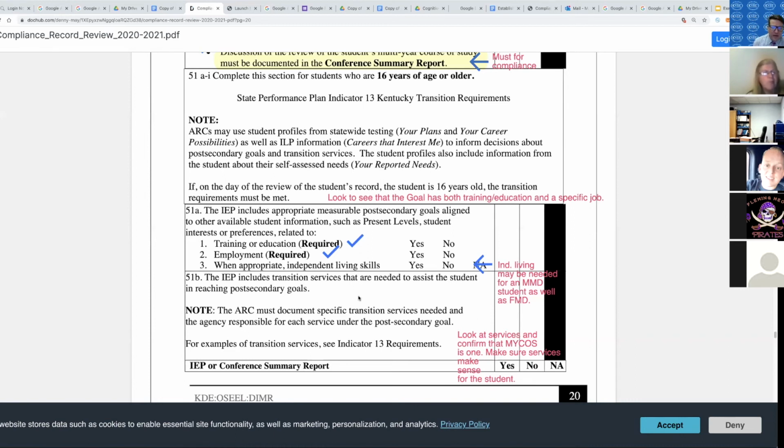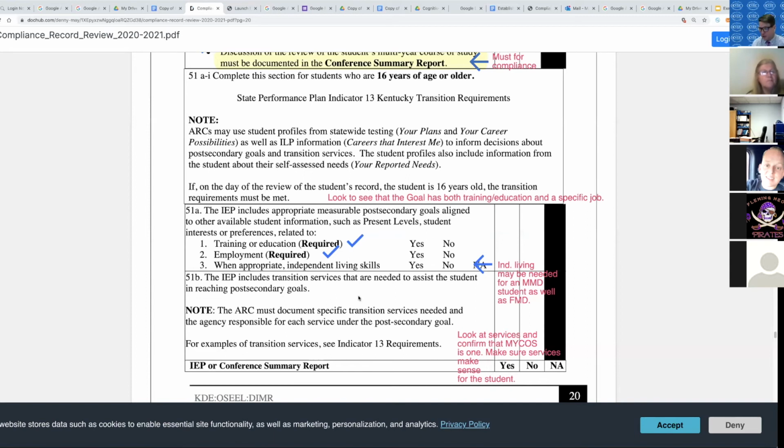51B, the IEP includes transition services that are needed to assist the student in reaching post-secondary goals. If you're looking on your IEP, there's a place for transition services, okay? One of the services that must be there is the initiation of the multi-year course of study, and who's responsible for initiating that? That's the school district, right? So you would always have that in there, all right?